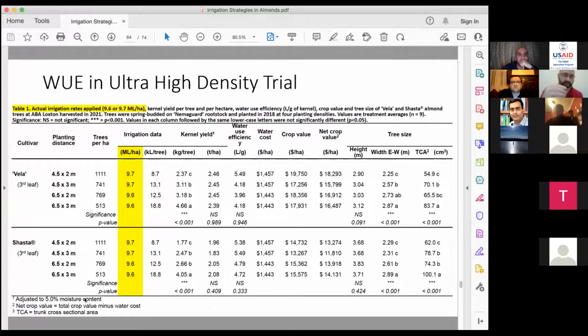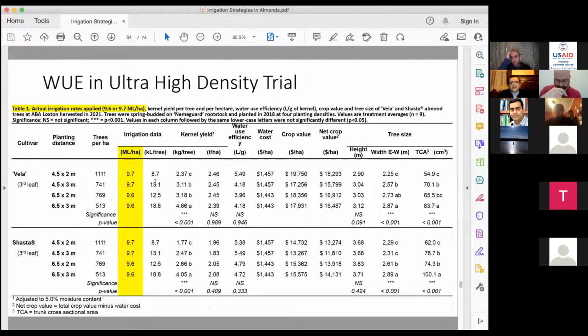The question is related to this particular slide on ultra high density. So this is hyper intensive. Could you please elaborate data and your experience on traditional ones, because we don't have ultra high density orchards in Georgia.